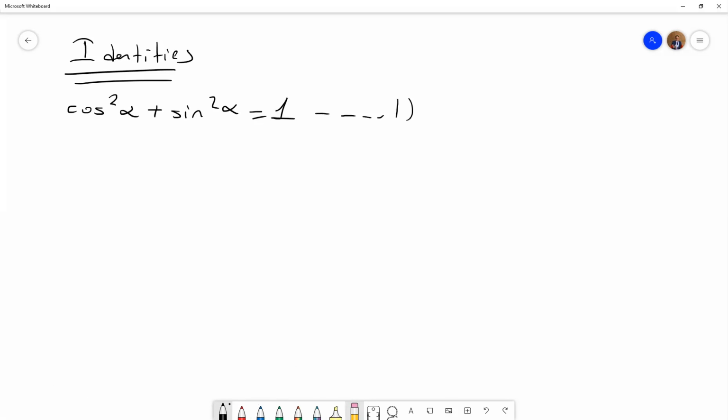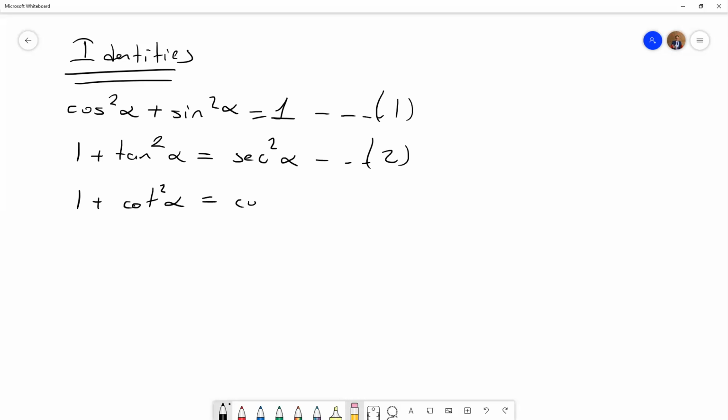This is the first identity for us. And next one, 1 plus tangent square alpha is equal to secant square alpha. This is the second identity for us. And 1 plus cotangent square alpha is equal to cosecant square alpha. And this is the third identity.